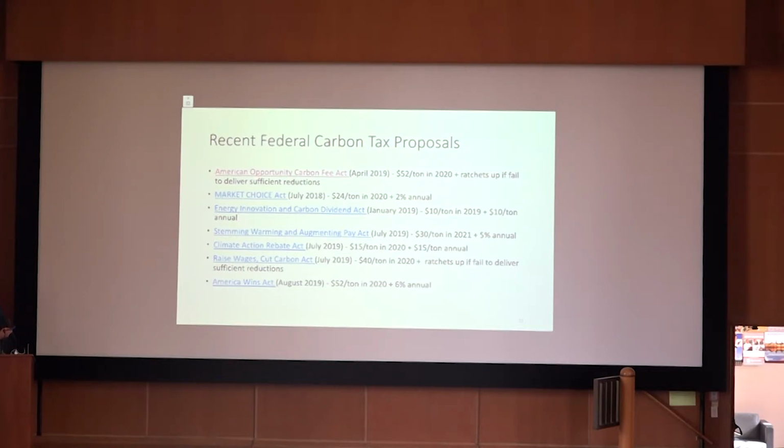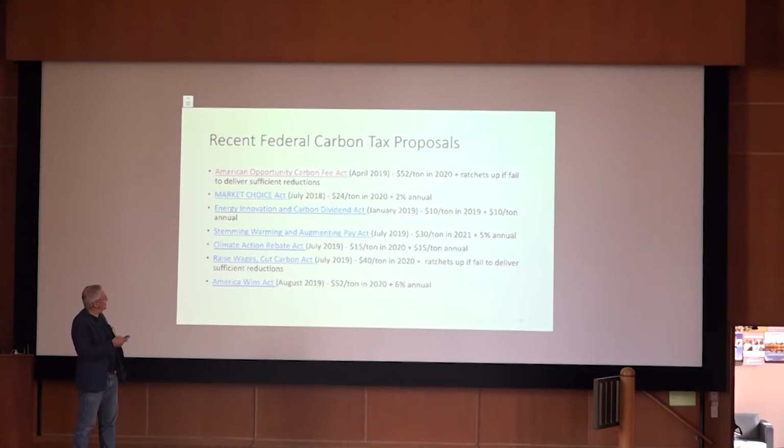And they'll have names like the American Opportunity Carbon-Free Act, or the Energy Innovation and Carbon Dividend Act, all right? And so there's a view that a carbon tax, particularly among conservative economists, is the best way to go here.